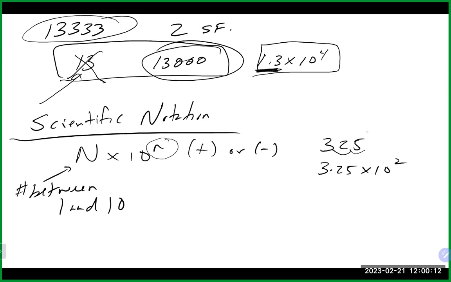You should never lose significant figures when you move into scientific notation. This has 3 significant figures. This number also has 3 significant figures. So you never want to lose any significant figures when you move a number into scientific notation. Do you have to give all your answers in scientific notation? The answer is no, you do not. But you do need to give your numbers the right number of sig figs.